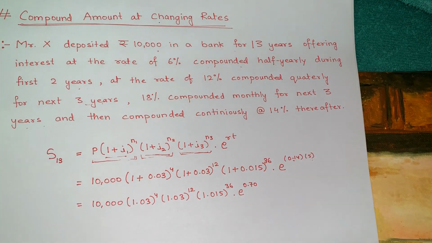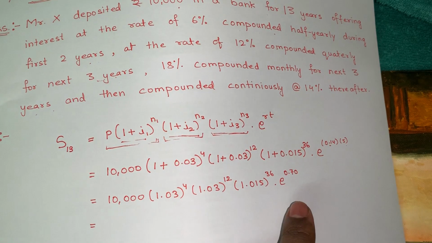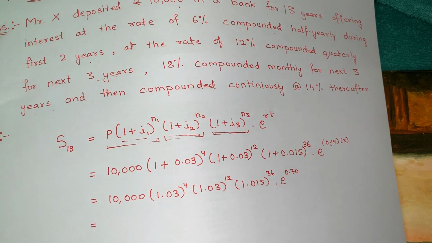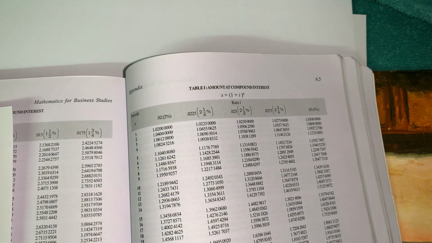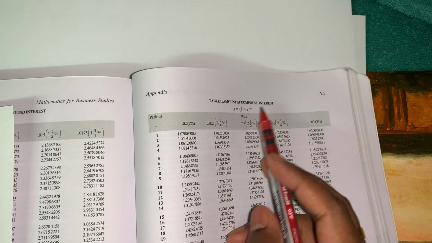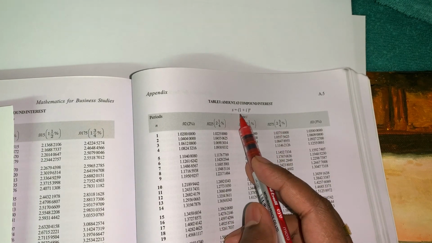When we multiply these two, we get 0.70. Now we get these values from the back side of the book in the given tables. So 1.03 to the power 4. For that, we will move towards the back side of the book in the compound interest table. Here you can see it is the compound interest table. Formula is 1 plus I to the power n. Please note we will be using this formula.